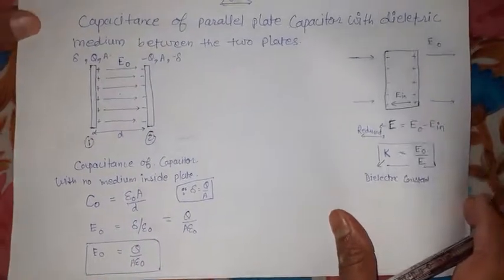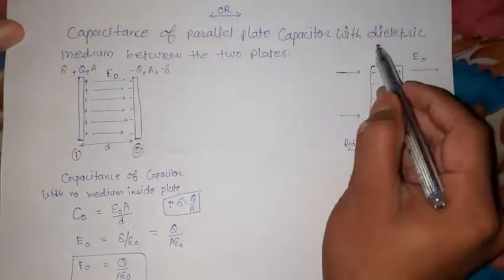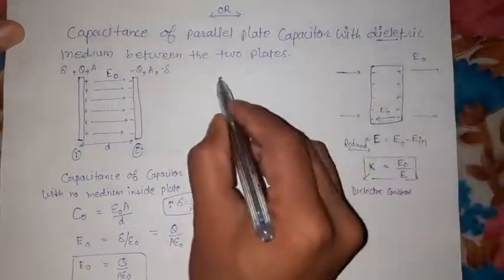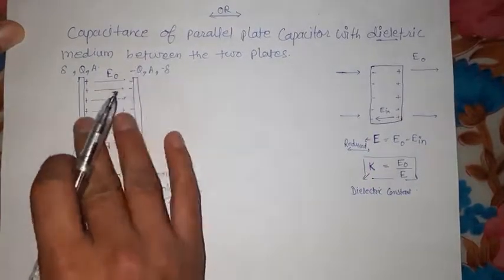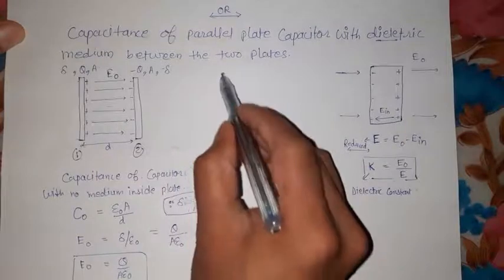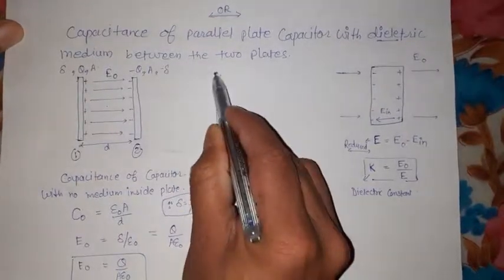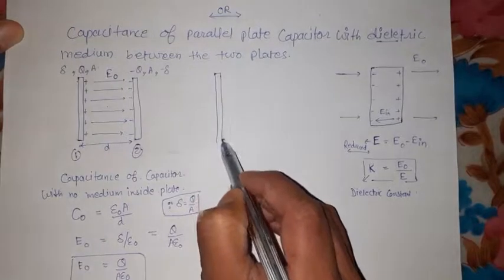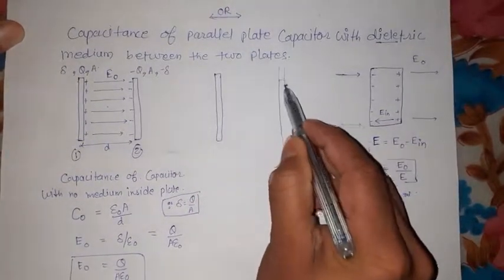Now let us do one thing, students. We have to place a dielectric medium now. For this I am making a separate diagram. This is one plate, and here is the other plate.